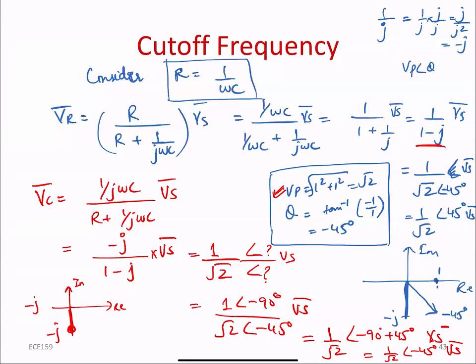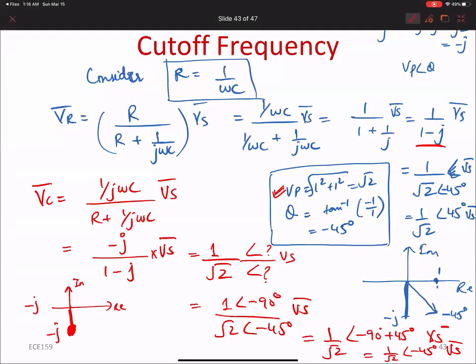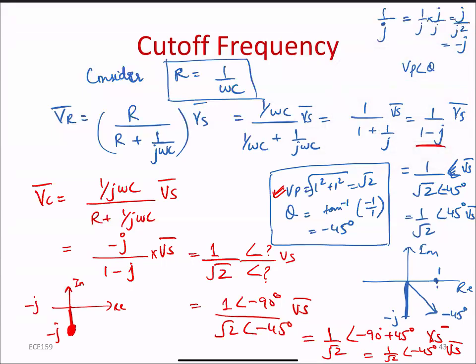One thing I would like to show you is, if you want to calculate minus j, what is the theta value of minus j? How will you do that? We know that theta is equal to tan inverse y over x. But in this case, x is 0.